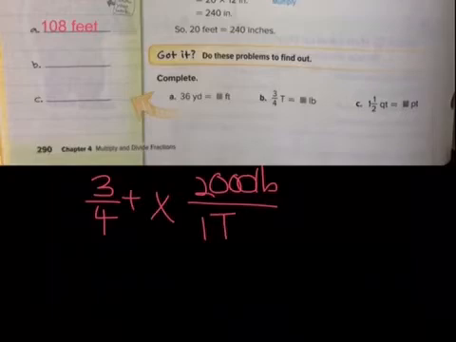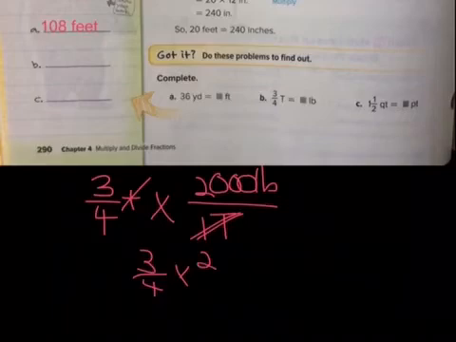Again, the tons cancel each other out, and now we multiply directly across, and now I have 3/4 times 2,000 over 1. You guys remember how to multiply across?